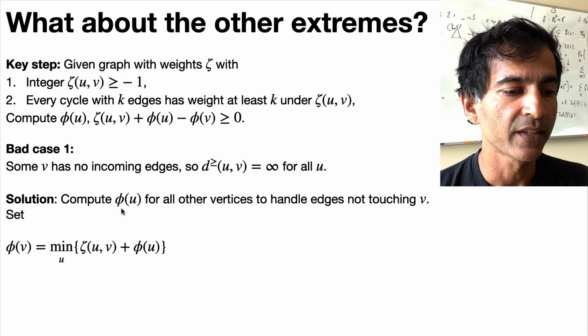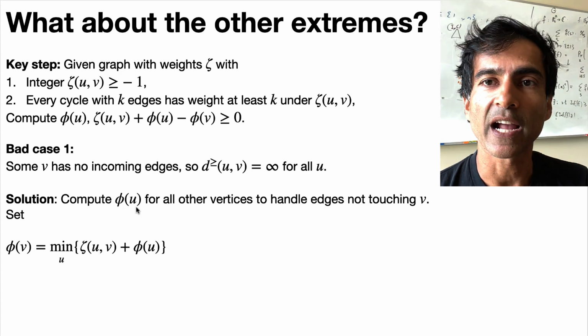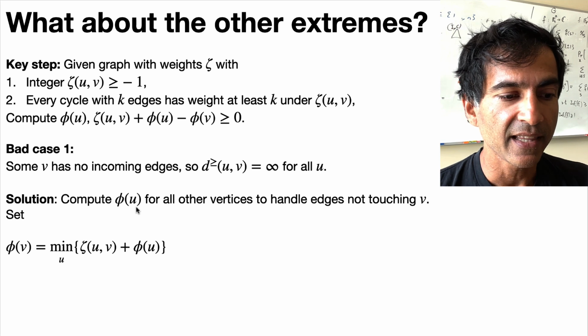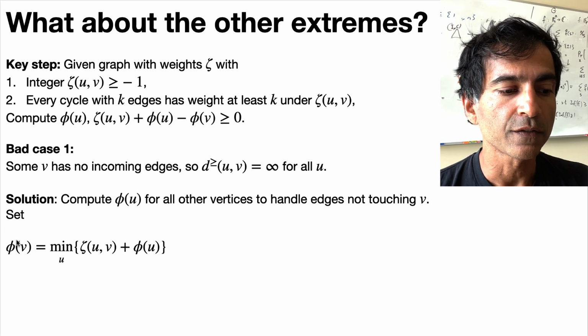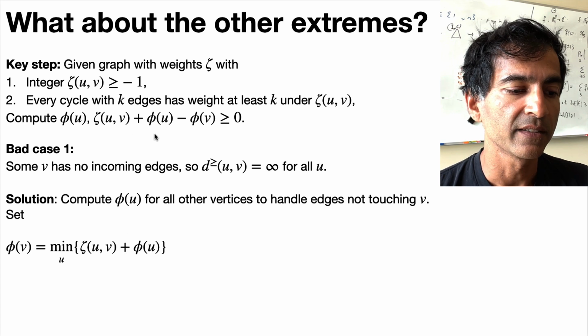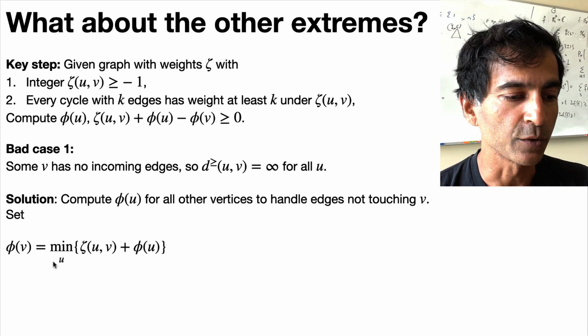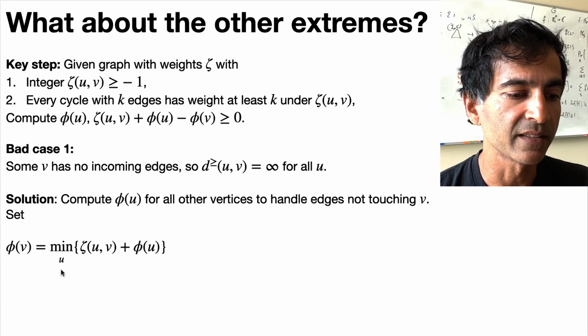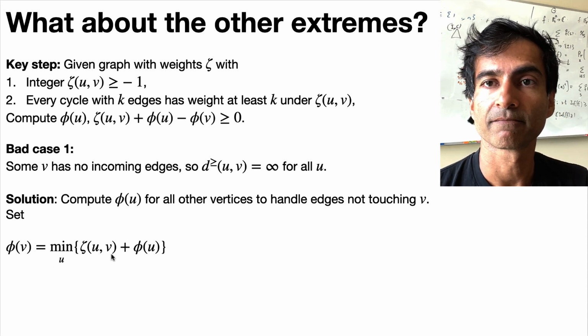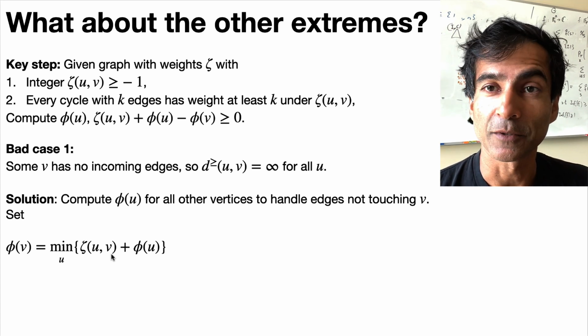We can just compute phi, the potential function we're after, for all the other vertices in the graph, and then set the value of the potential function at v so that we have this inequality. You can do it by setting its value to be this quantity, and computing this phi of v from the other phi values is efficient. So it doesn't seem too hard.